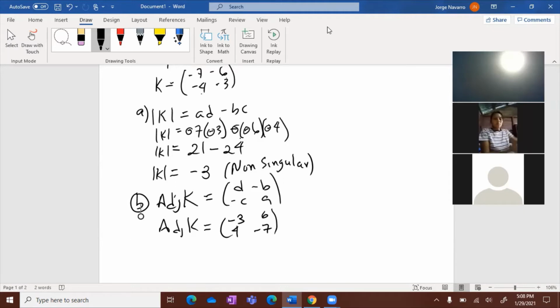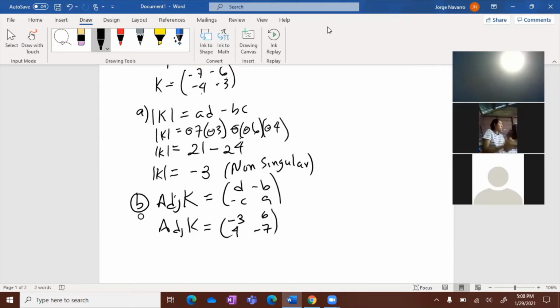So let's look at C now. C is when we're combining these. Sir, right there, I get confused. How do you know the -3 and the 7 stay like that and then the 4 and the 6 become positive?